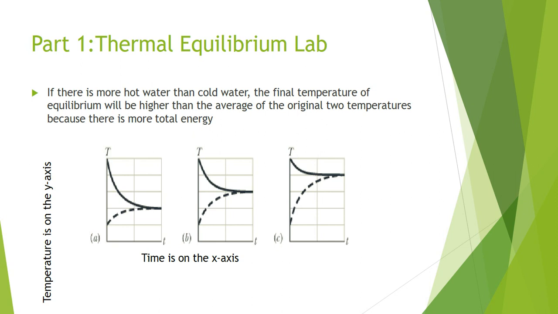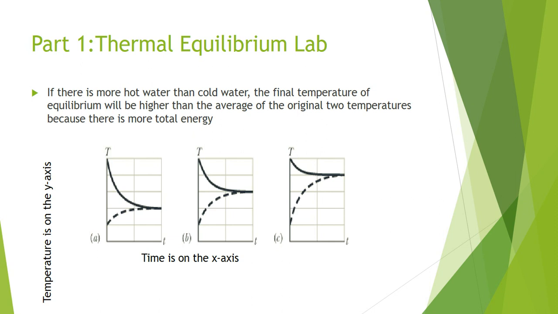So what this might be a graph of is the temperature of hot soup and some ice cubes. This dotted line in part C would be a graph of the temperature of the water of the ice cubes increasing in temperature and meeting the temperature of the soup.